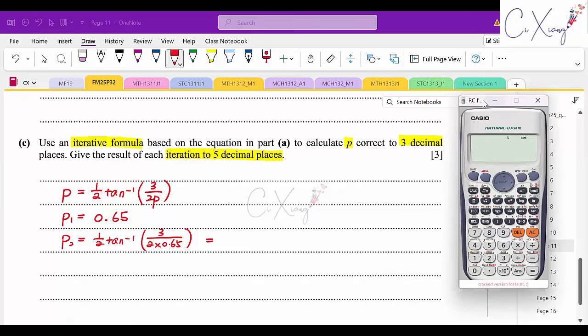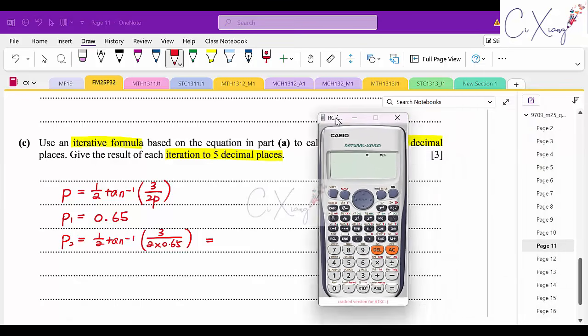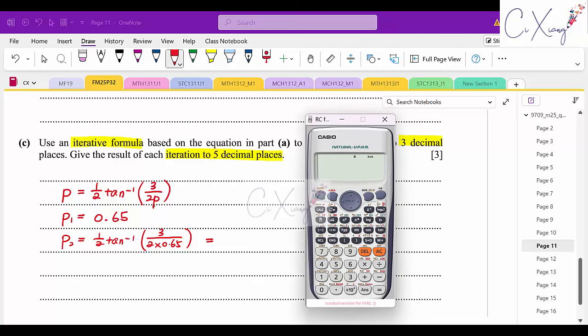The very first step is to key in the iterative formula. First of all, I want to make sure that my angle is in radian, so I press shift, setup, and choose radian, which is option 4. I have to make sure it's in radian mode.